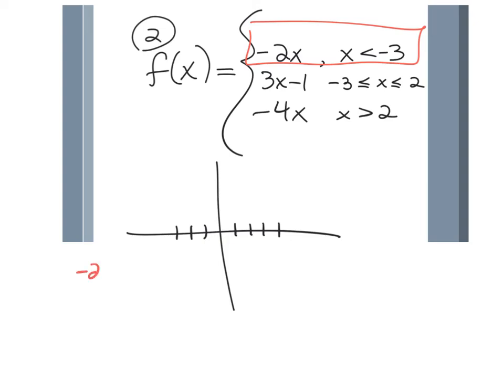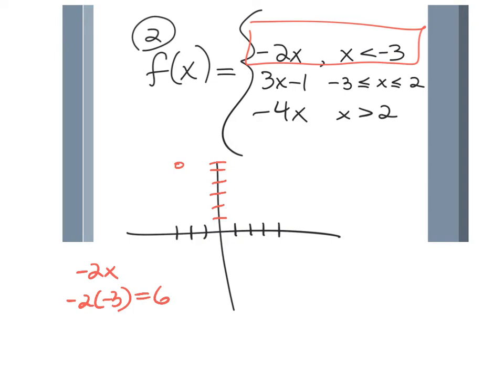So if I take -2x and I plug in -3, I get +6. So I'm going to go over to -3, and then I'm going to put a point on +6. And it's an open circle.